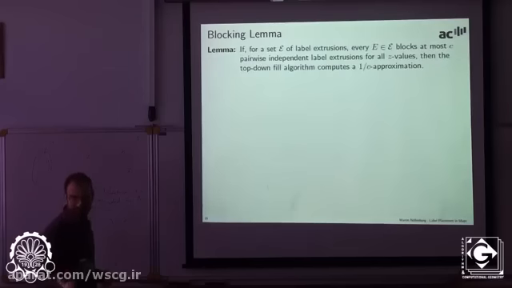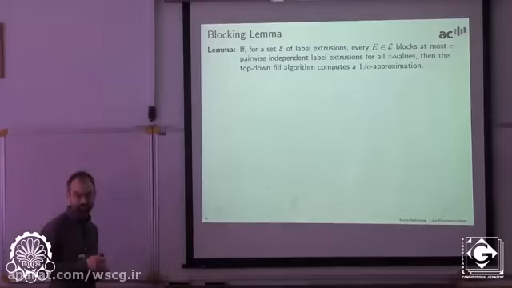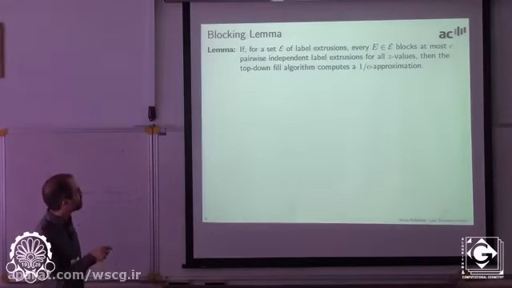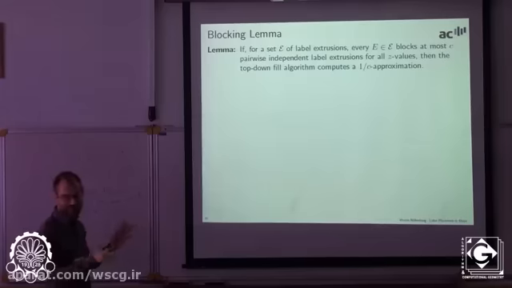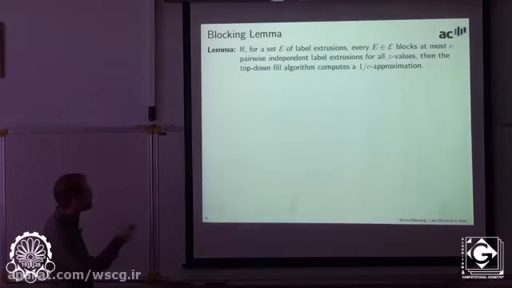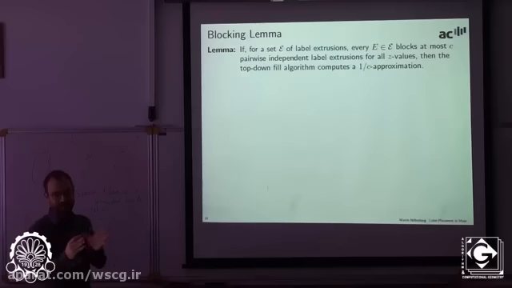So to get the approximation factor, something that is useful is this so-called blocking lemma. So it takes a set E of, think of label pyramids, but we call them more generally extrusions as 3D shapes. And if it's true for the configuration that we have, that every pyramid that you take blocks at most C pairwise independent other blocks for all Z values.